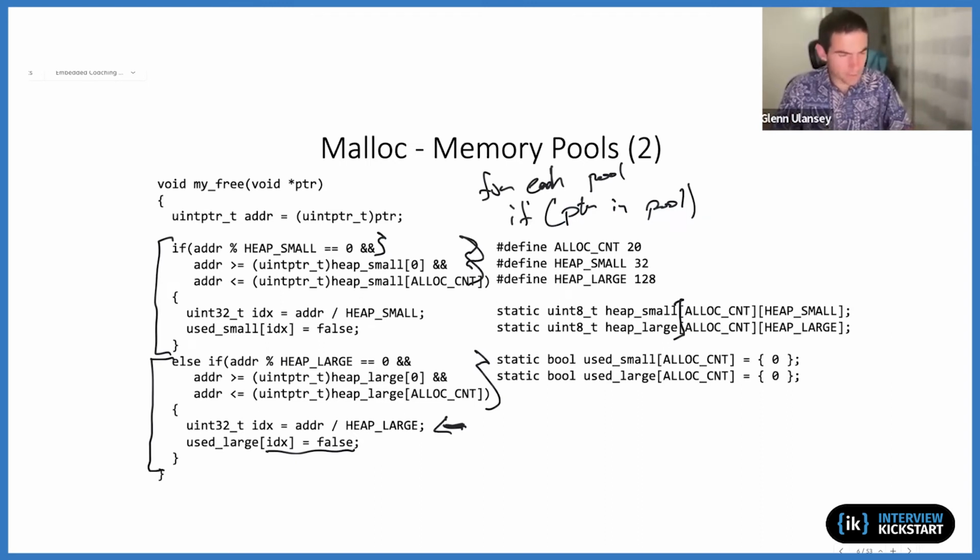So rather than duplicating the code, instead iterate over all of your various pools, check whether it's in that pool, and then have a single block that actually handles that operation of freeing it.